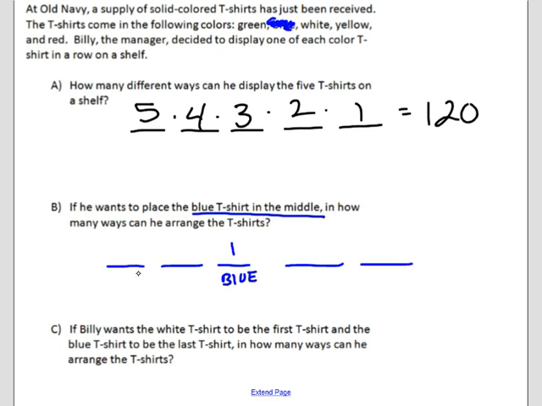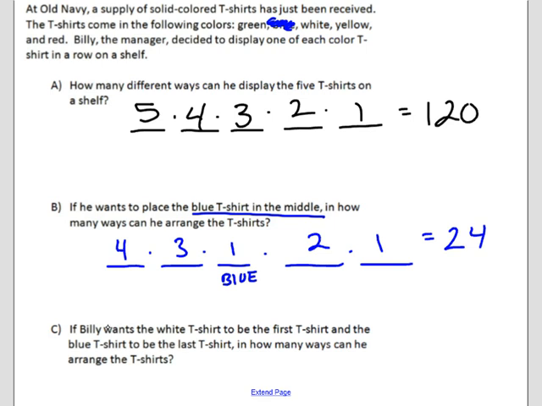Now let's go back and decide how many different colored shirts he could put in this spot. Well, he already took care of blue, so he has the other 4 colors left to do there. Right? And then he'll have 3 colors, and then 2 colors, and then 1 color. Okay? So if blue must be in the middle, then he actually only has 24 ways of arranging these shirts. That cuts it down pretty quickly.